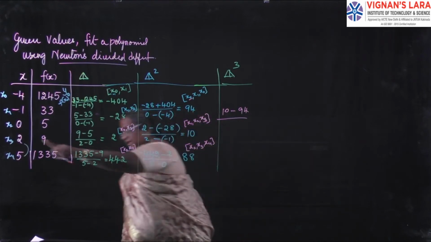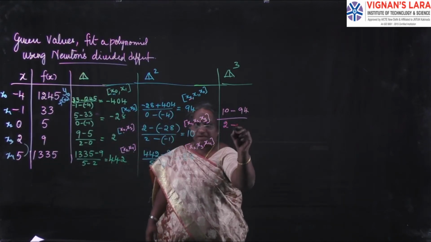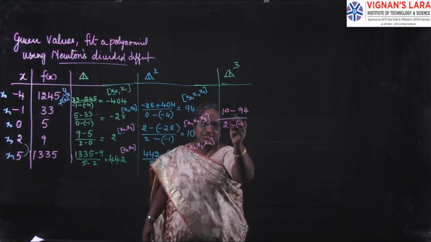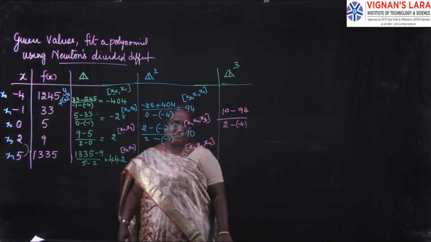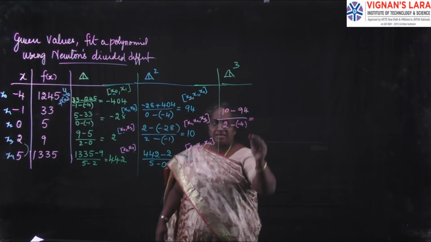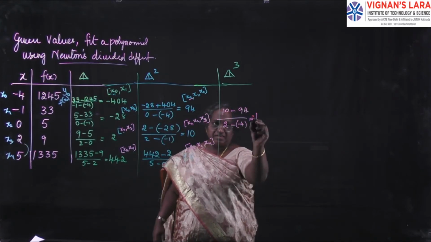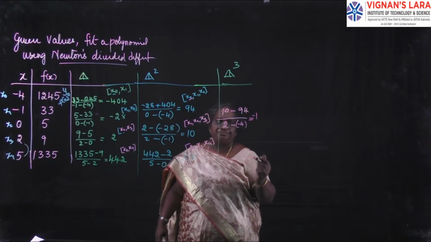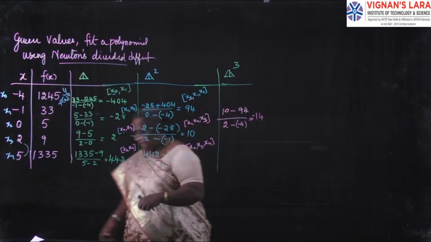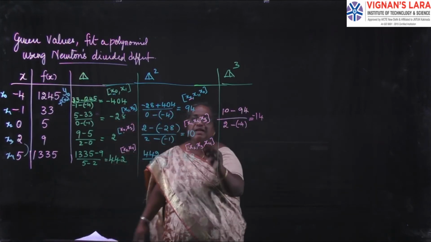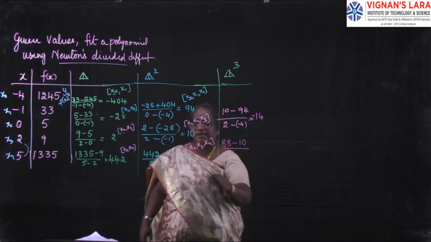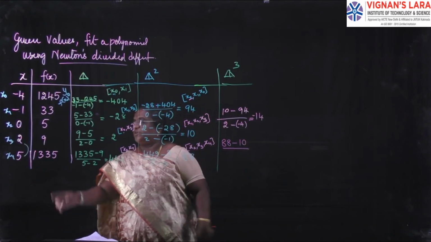What is x3? 2, minus x0, which is minus of -4, so 6. 10 minus 94 is -84. -84 by 6 is -14. Next, 88 minus 10 by x4 minus x1. What is x4? 5.